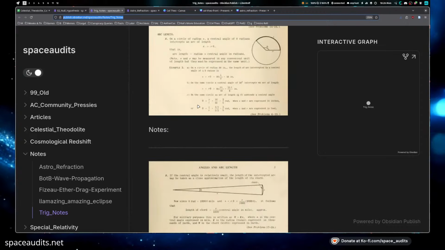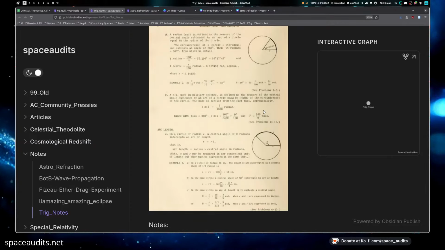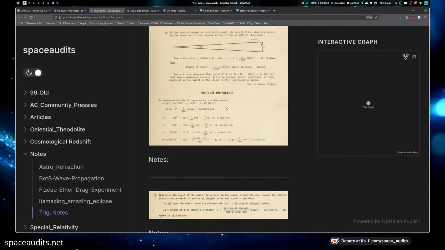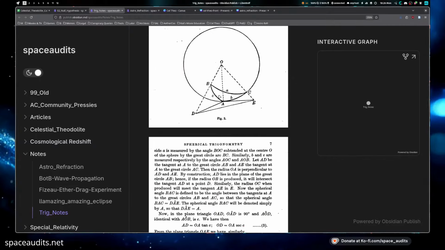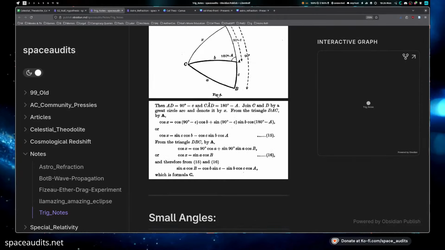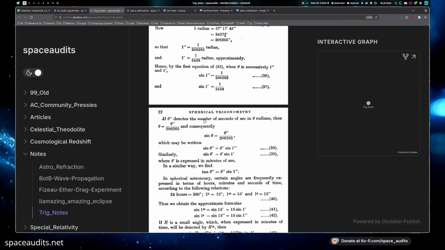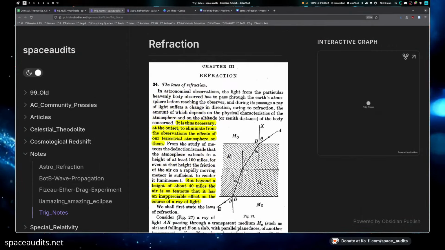So there's a book from Smart on spherical astronomy, and this guy, Ars Frank, he has a book on plane and spherical trig. So central angle theorem and all of that is covered in here. And then how to use central angle theorem and all that is covered in Smart's book. So all of these formulas and everything that we're doing is up to snuff in terms of representing the globe accurately.